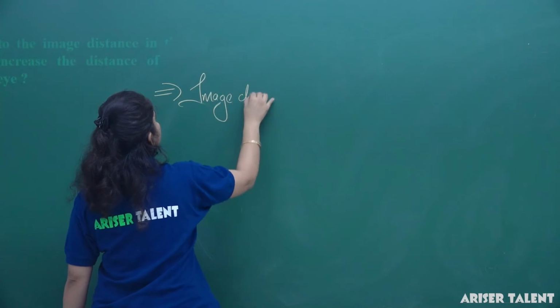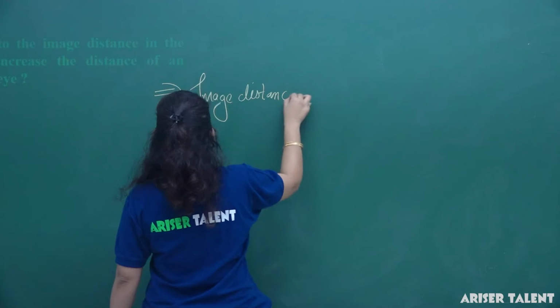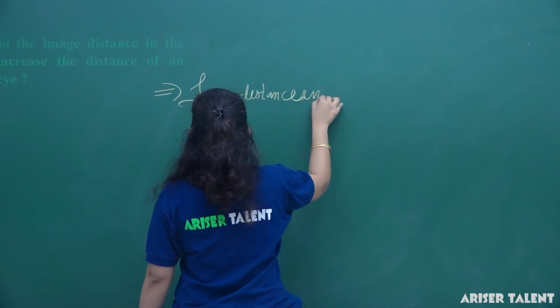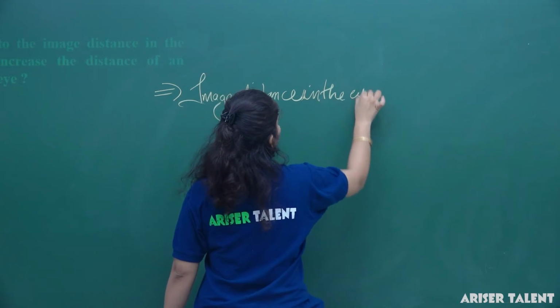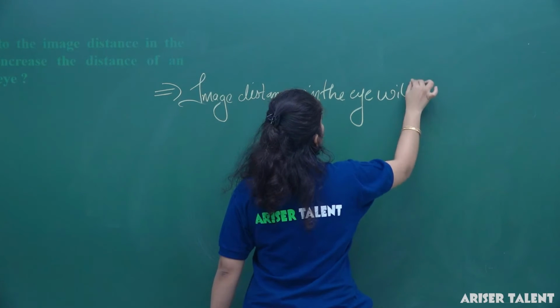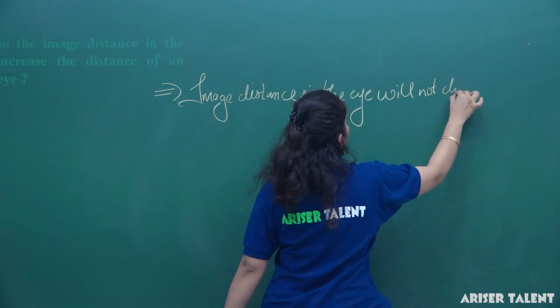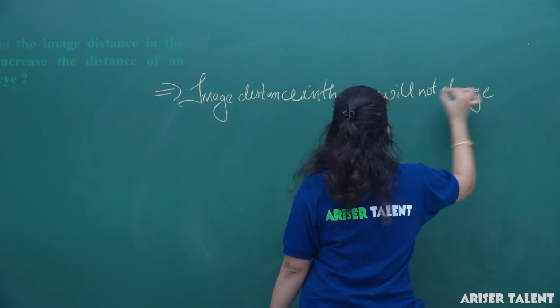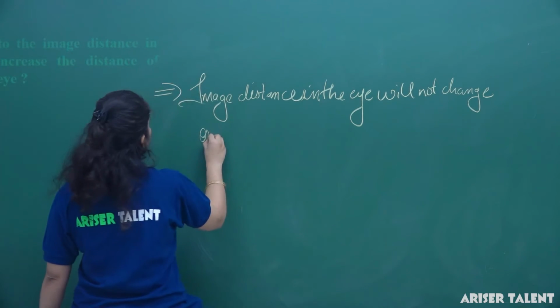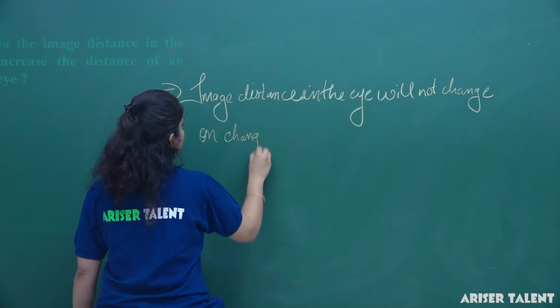Image distance in the eye will not change. The image distance will not change on changing the object distance.